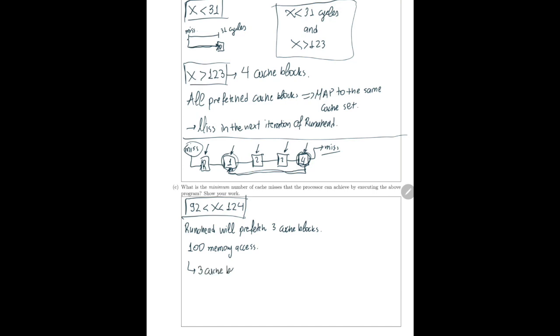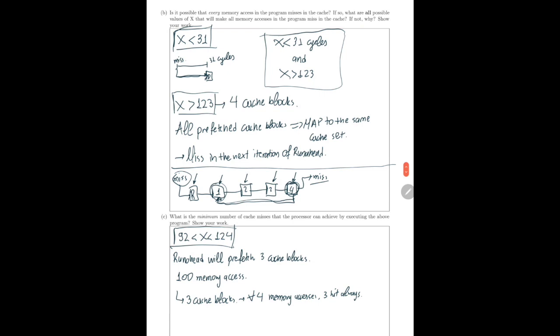This means that for every 4 memory accesses, 3 hit always. And we do not have the issue with thrashing, as we explained here. We do not thrash because we prefetch 1, 2, 3, and the one that was serviced, which can fit in the 4-way associative cache.